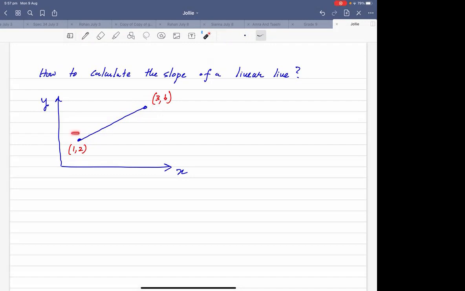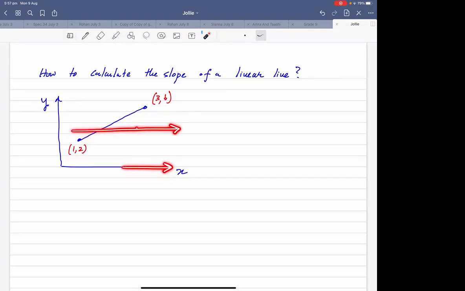Why? Because if you draw a line which is parallel to this, you can draw that line anywhere, like here or here or here. It doesn't matter, right? So you draw a line which crosses that linear line here, and that line should be parallel to this line.